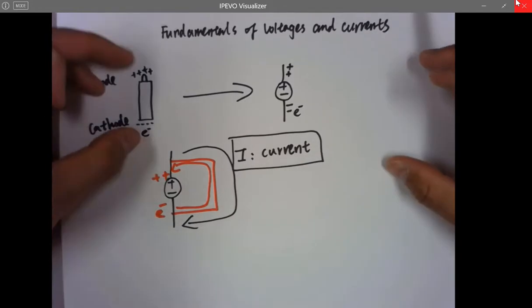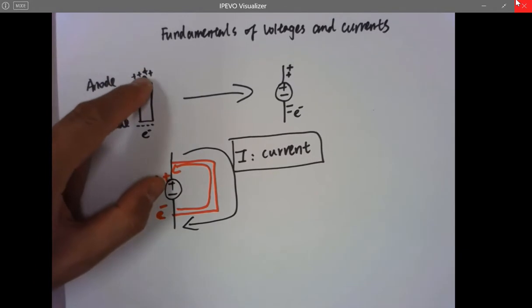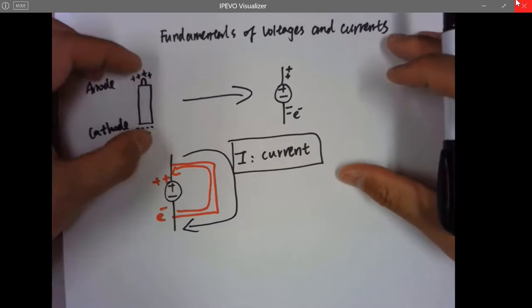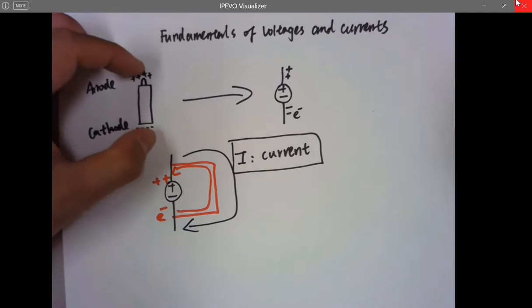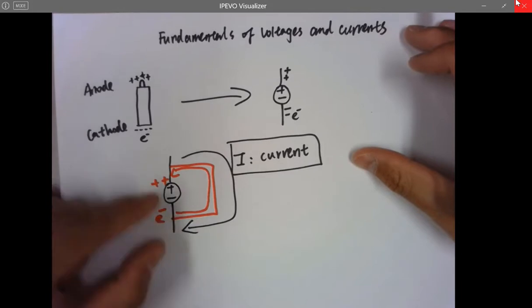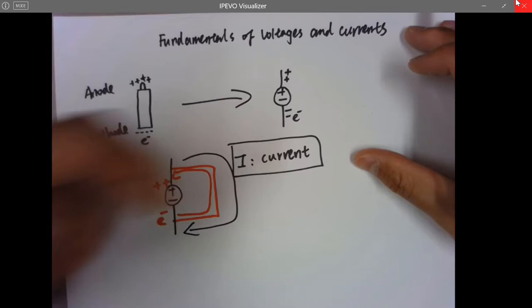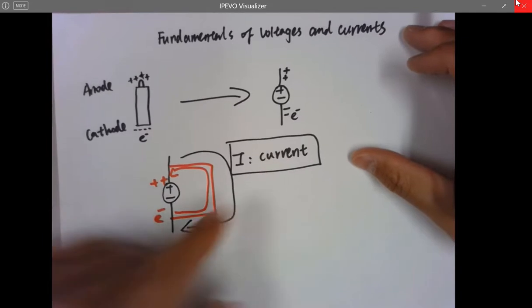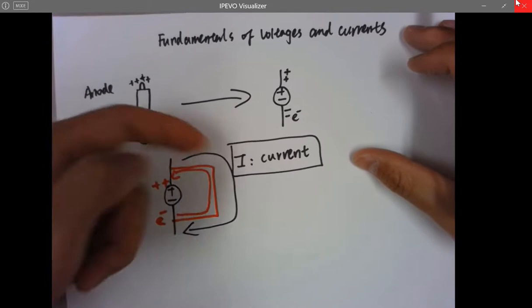If you have a potential difference, we can say you have charges accumulated here, which we're going to say is a positive potential, and this is a negative potential, and so it forms a voltage, a potential difference. Okay, if you connect these two using a wire, it's going to make the electrons flow to the anode, and the other direction we define as the direction of the current, but the ions are not flowing.